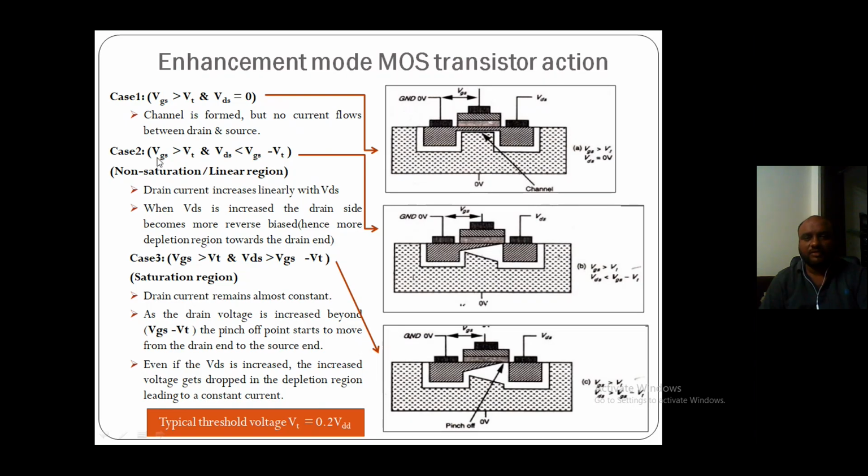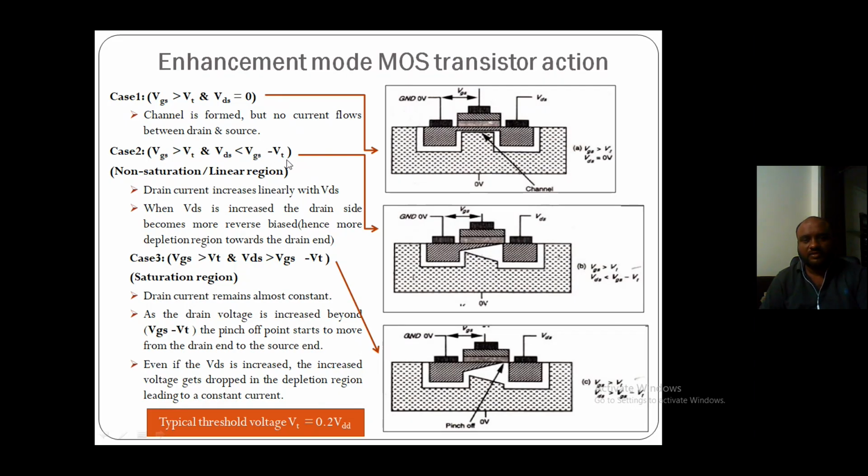Whereas in the second case, we consider VGS greater than VT, that is, the channel is formed, and we have applied a potential between drain and source which is less than VGS minus VT. VGS minus VT refers to the effective voltage that is available at the edge of the source after forming the channel.